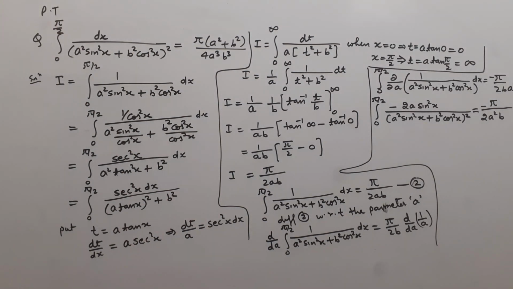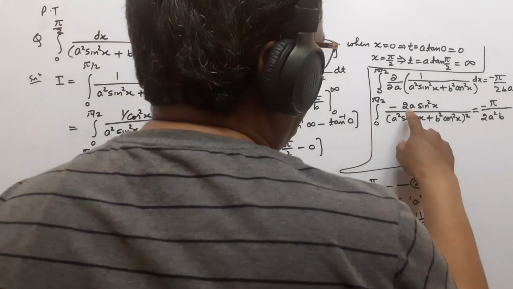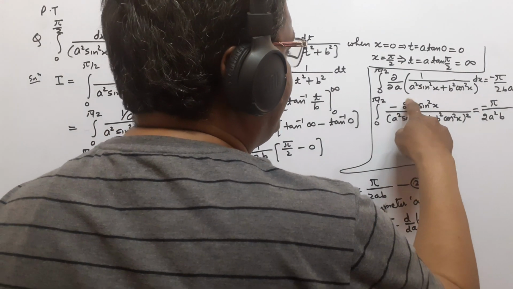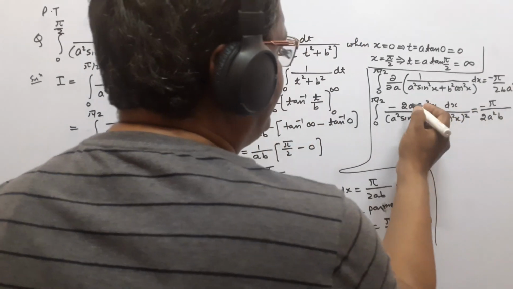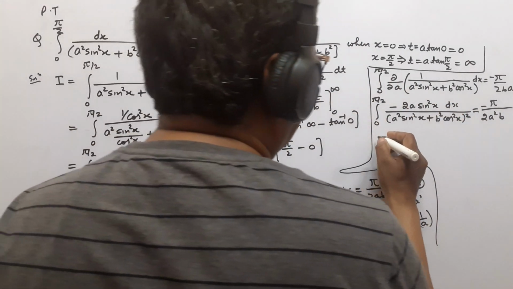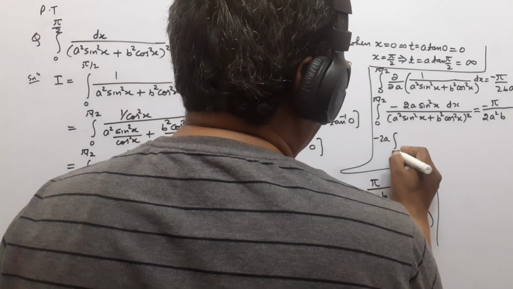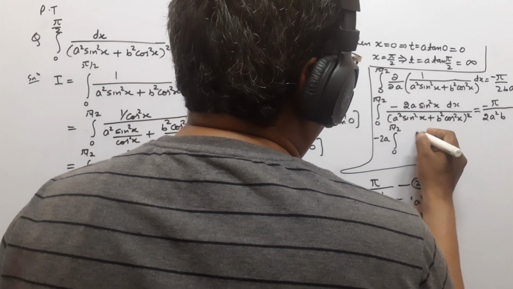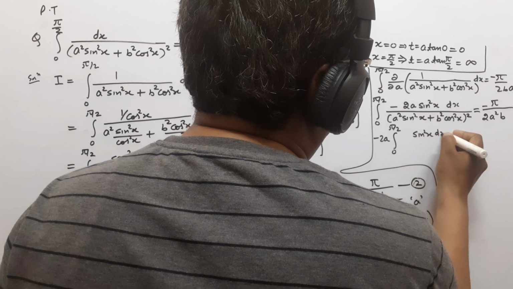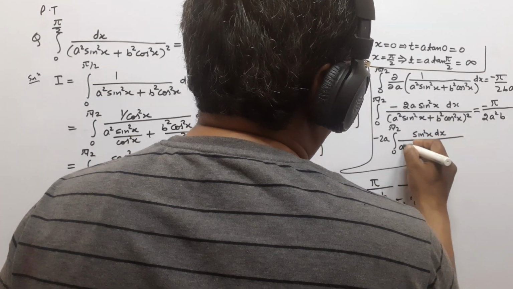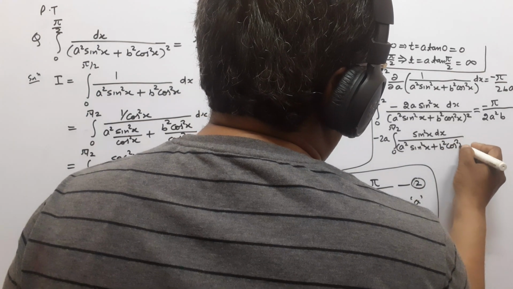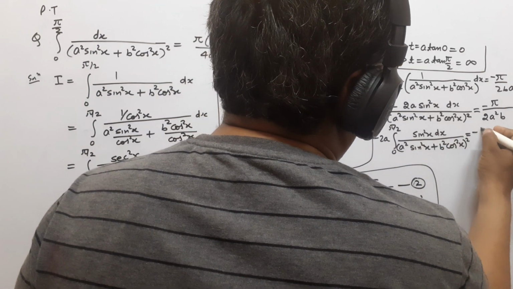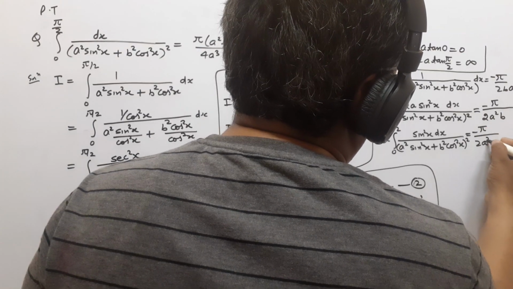So we can see here on the left hand side, inside the integral there is minus 2a, which is constant with respect to x, so this is outside the integral sign. So here we can write minus 2a integral from 0 to pi by 2 of sin square x dx divided by a square sin square x plus b square cos square x whole square, this is equal to minus pi upon 2a square b.